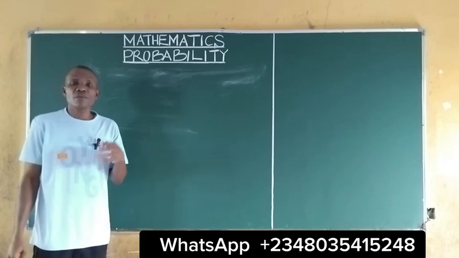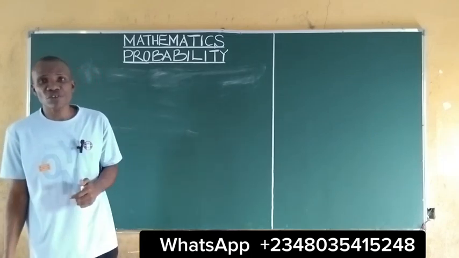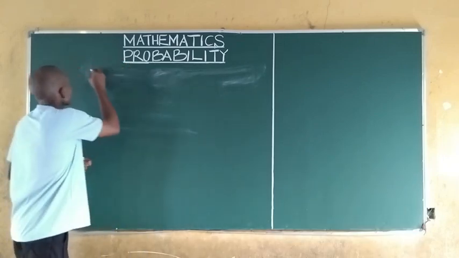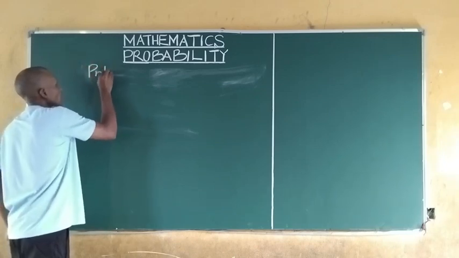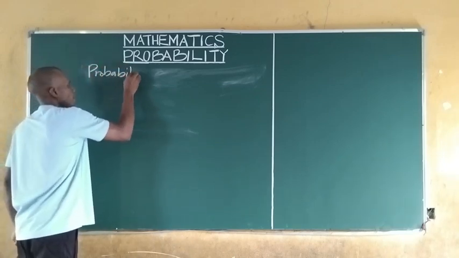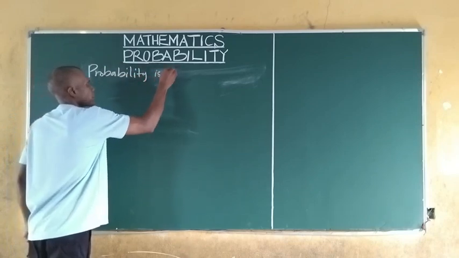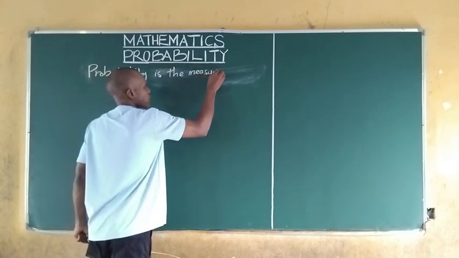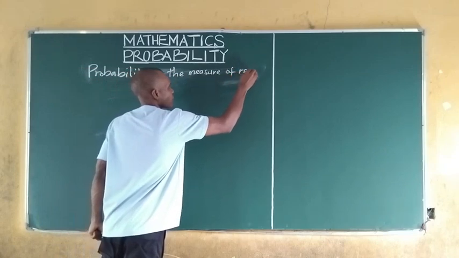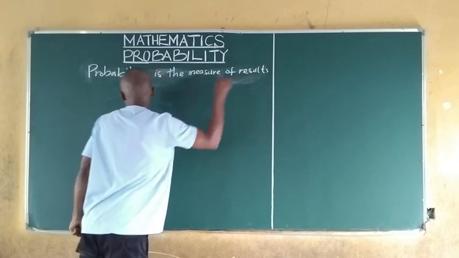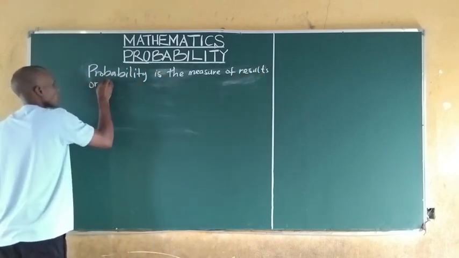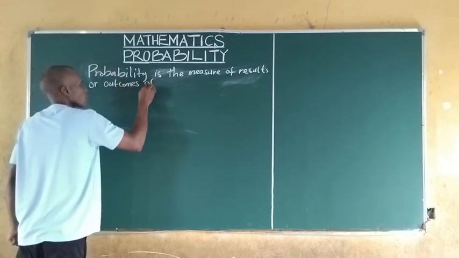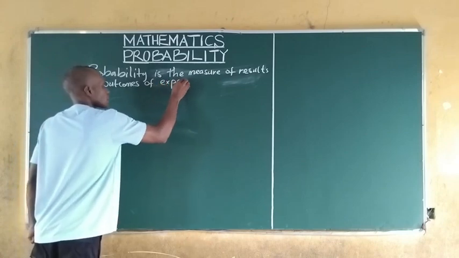What is probability? Probability is the measure of the result or outcome of expectations in numerical form. Probability is the measure of results or outcomes of expectation.